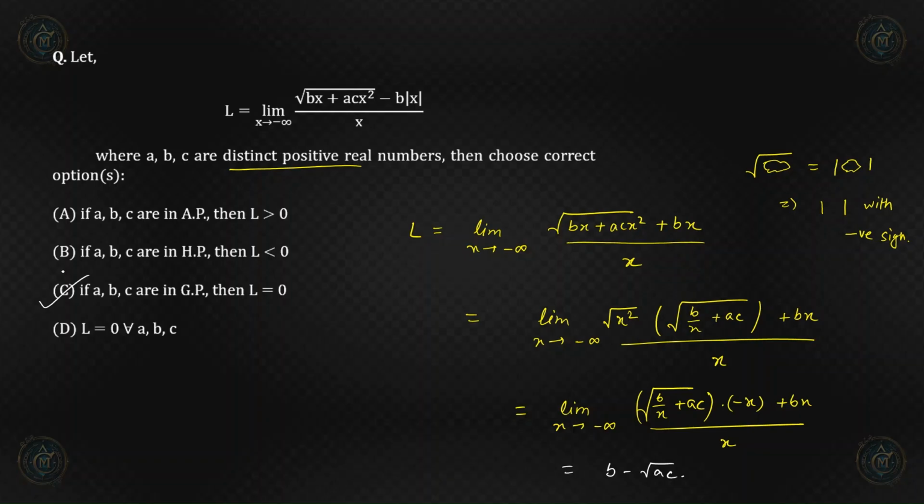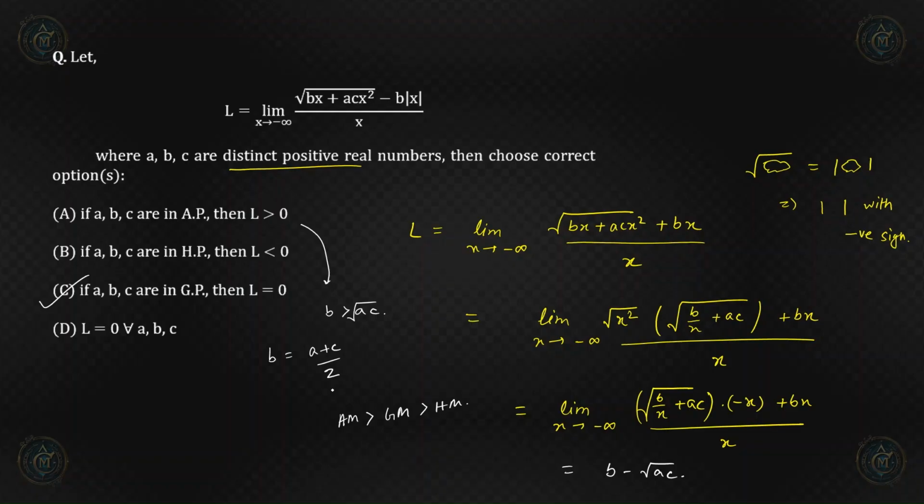Now, talking about the cases A and B, if a, b, c are in AP, then L is positive. So L greater than 0 means b should be greater than root ac. Now tell me, if I have a, b, c in AP, then b equals (a plus c) by 2. But we know by the AM-GM-HM inequality, AM is greater than GM is greater than HM.